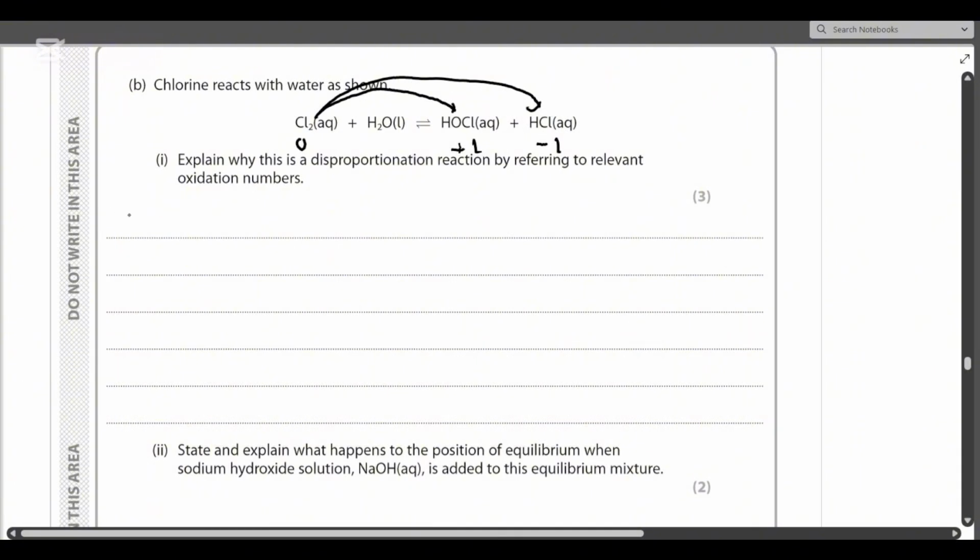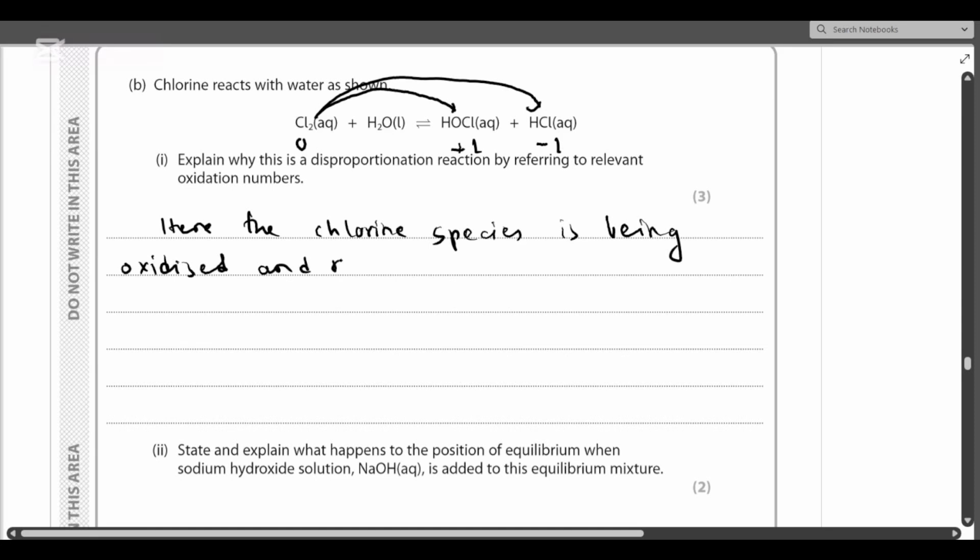So we can write that here the chlorine species is being oxidized and reduced at the same time. So if that's the case, what is the proof?